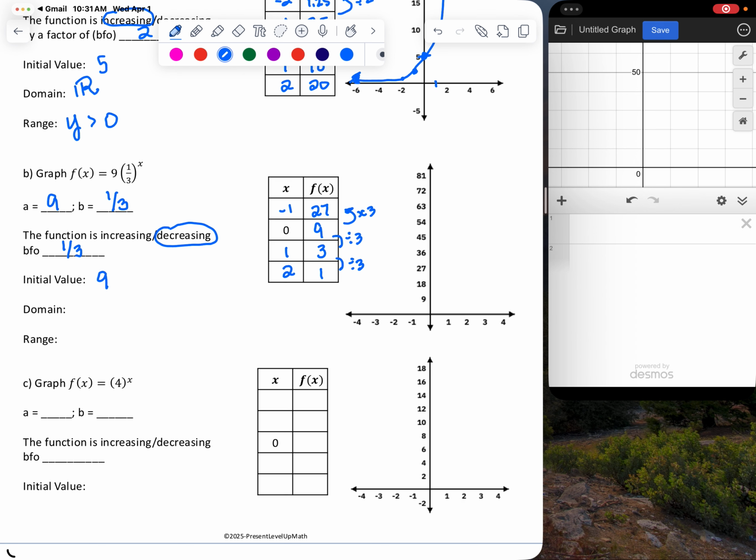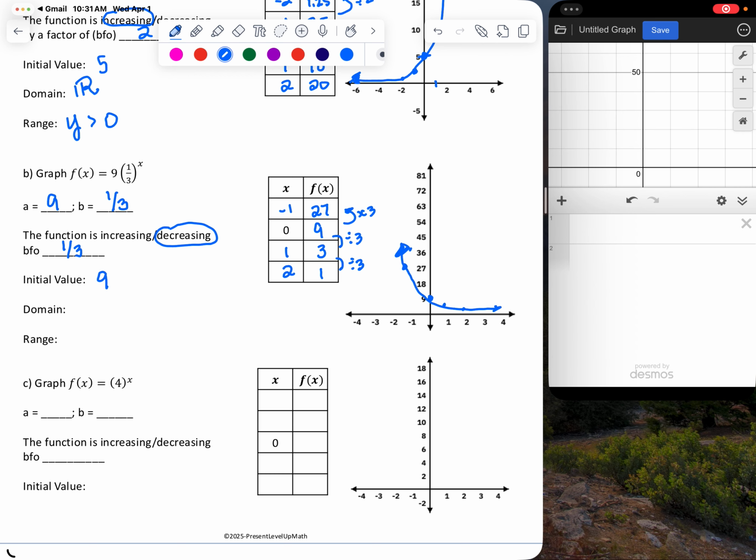So let's plot this. (-1, 27) would be about right here. (0, 9) would end up being right here. Let's see, (1, 3) would be like right here, and (2, 1) would be like right here. So you can see this function is decreasing from left to right.